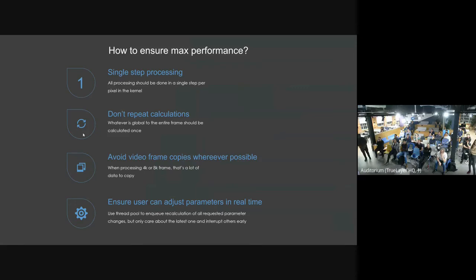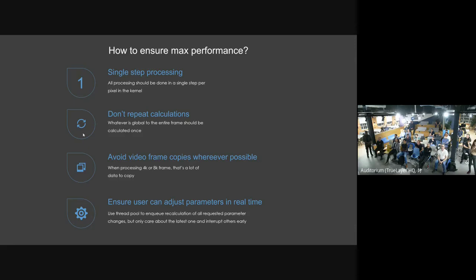All right. We have some details here on how to ensure max performance, but I think we're running a bit out of time, so I'll just go quickly through them. Basically, if you have one pixel for the full frame, we just need all the calculations for this particular pixel done in a single step, to not repeat all those different layers of computations, because when you have 10,000 frames or 4K frames to process, that tends to slow things down a bit.